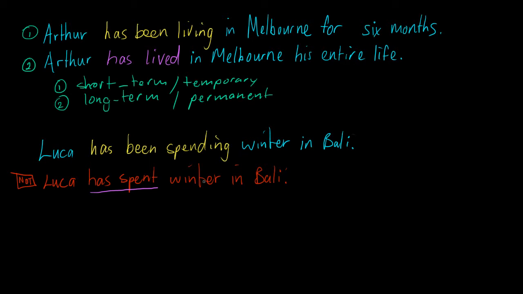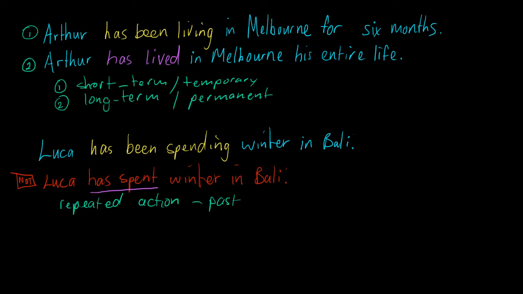Whereas "Luca has spent winter in Bali" would probably indicate just once. So that's the difference in the tense use here, as this suggests multiple times. And so we can simply note that we have a repeated action here, and it would obviously be in the past.